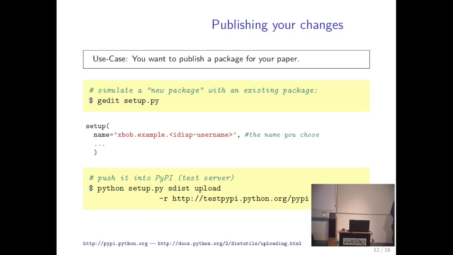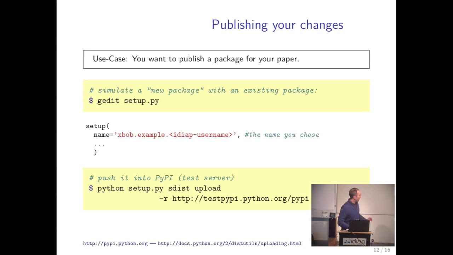So, technically, what you would need to do is just go to the setup.py and modify the package name. For example, I think the package is called xbob.example.lda. You could put, for example, xbob.example and your username there. And then you could push it into an index server, okay?